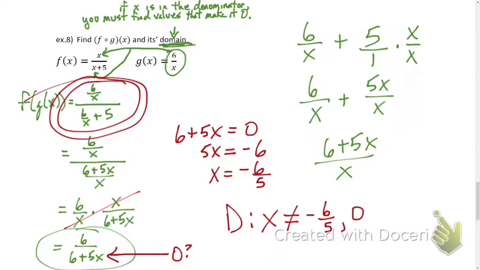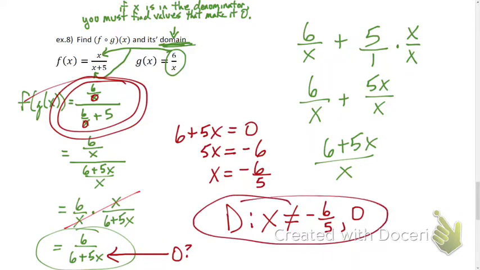And it's 0. So right here, the x's cancel out, but you have to take into account the original problem. And if I plug in 0 at the very start, I get undefined values. So, final answer, that and that.